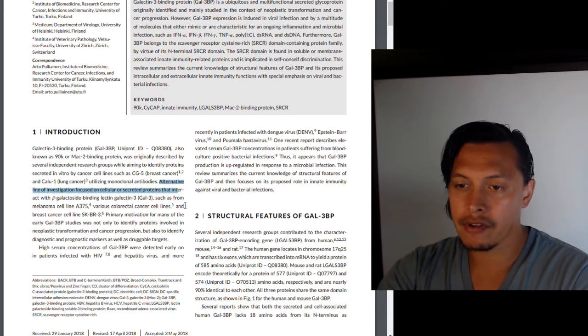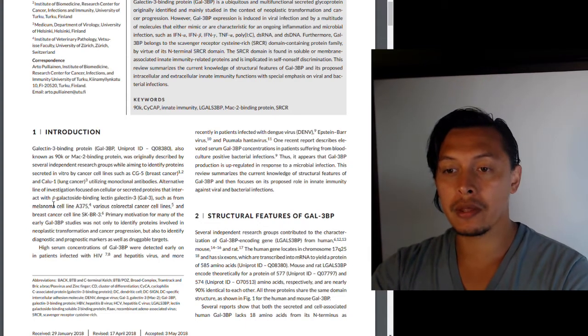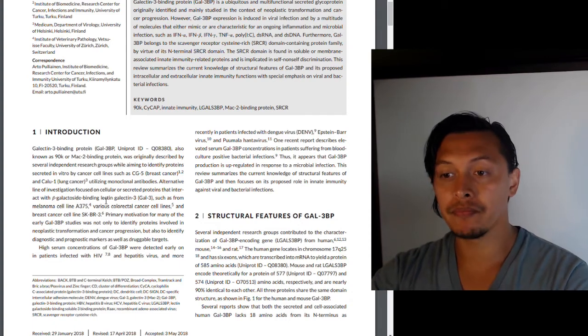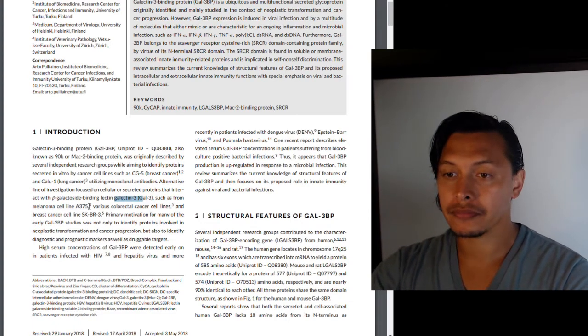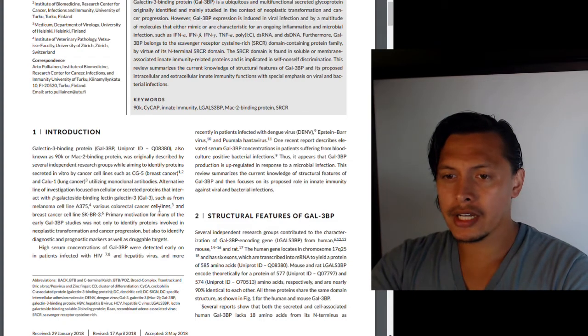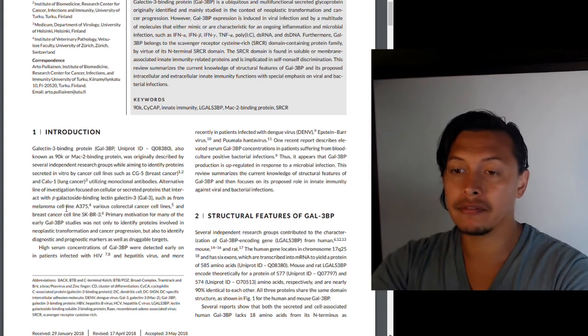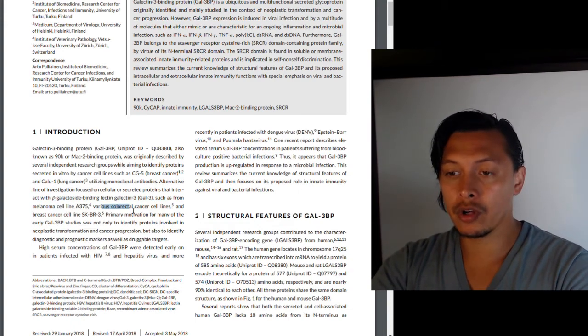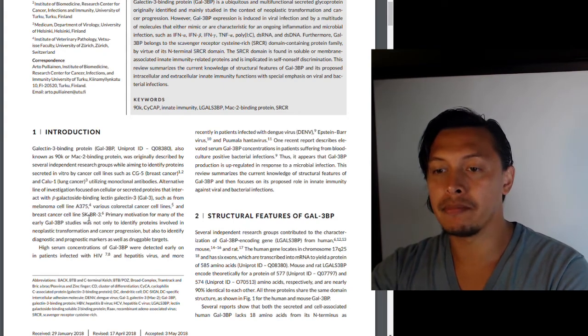Alternative lines of investigation focused on cellular or secreted proteins that interact with beta-galactoside binding lectin, or Galectin-3, Gal3, right? Such as from the melanoma cell line A375, various colorectal cancer cell lines, and breast cancer cell lines, or cell line SKBR3.